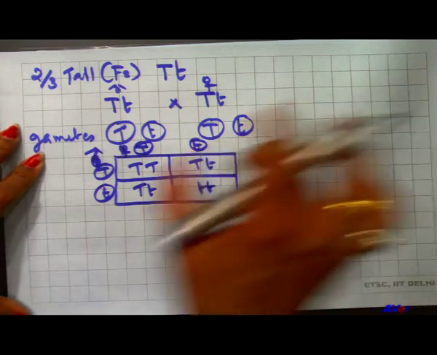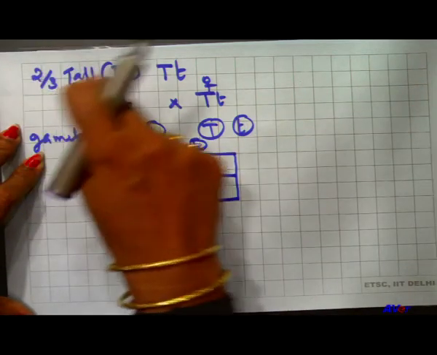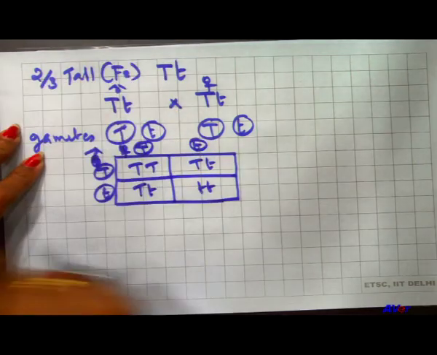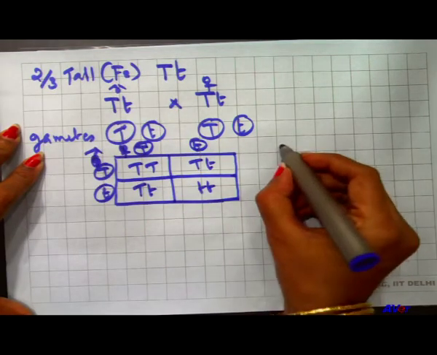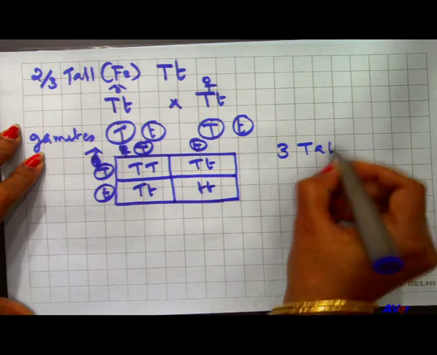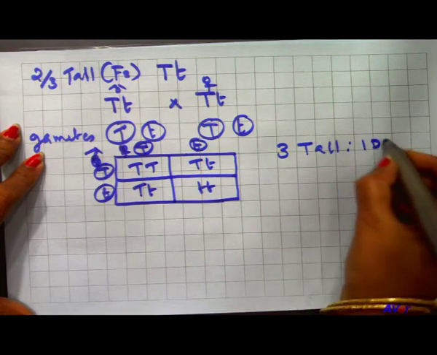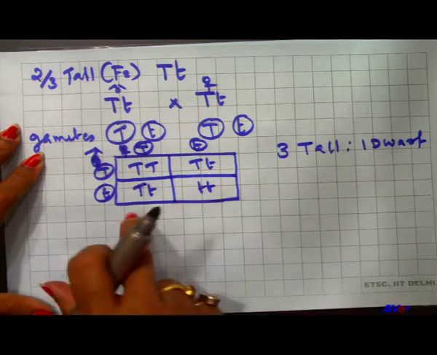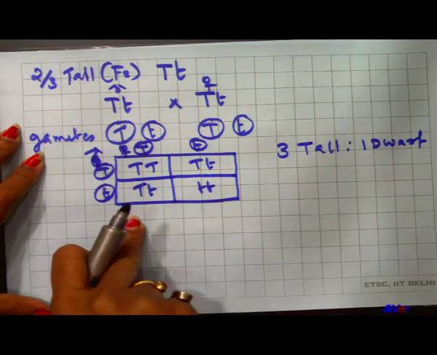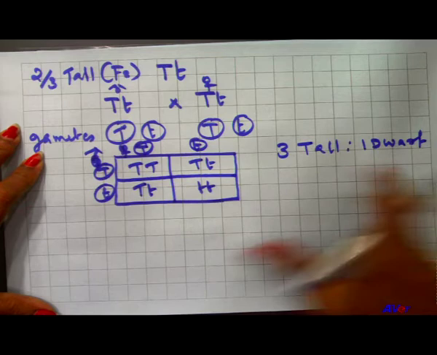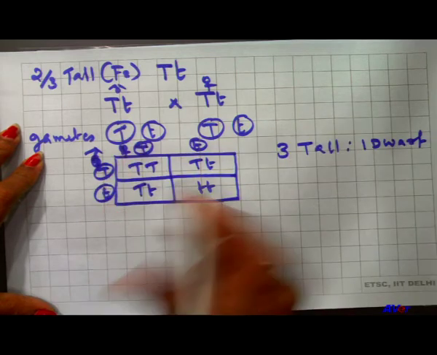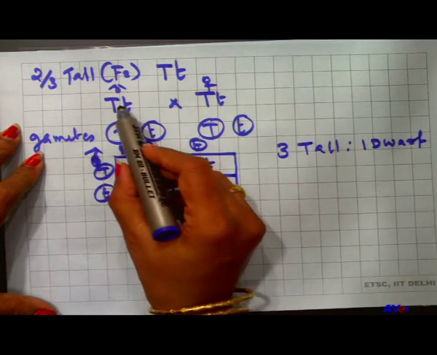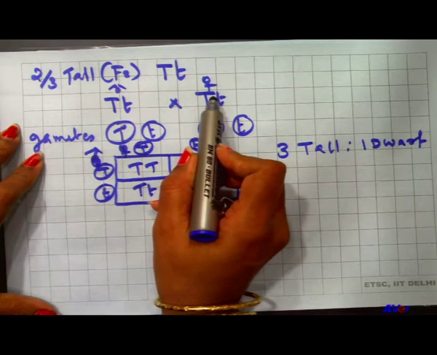So according to Mendel, the 2 by 3 F2 tall progenies will produce 3 tall and 1 dwarf progeny in F3 generation on selfing. Why this ratio came? Because again the answer is they are heterozygous.